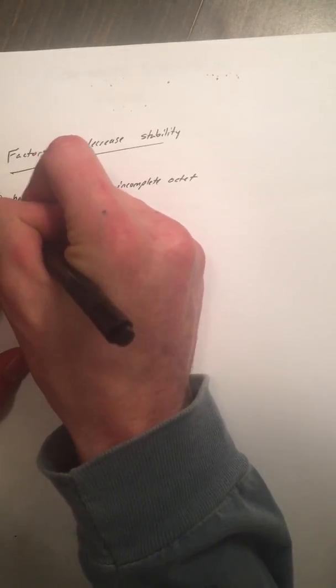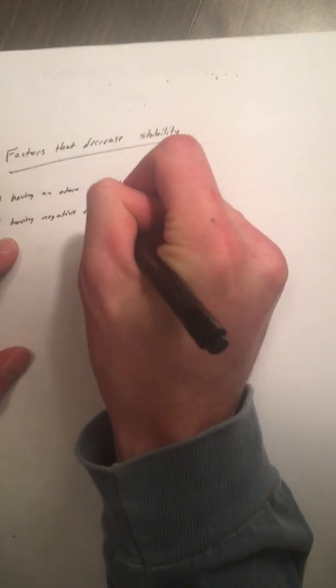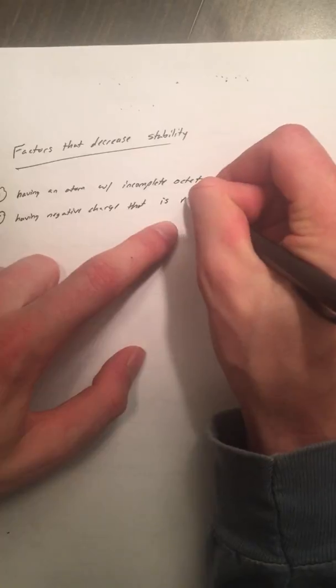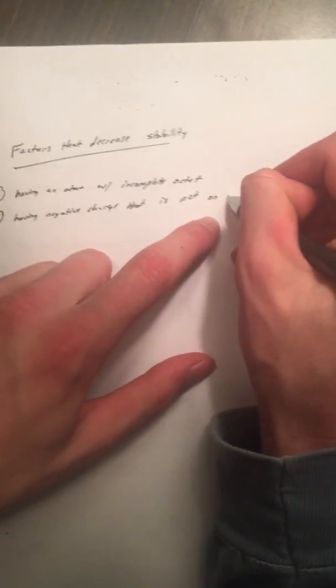The first factor is going to be having an atom with an incomplete octet. And a second rule is going to be a negative charge that is not on the most electronegative atom.